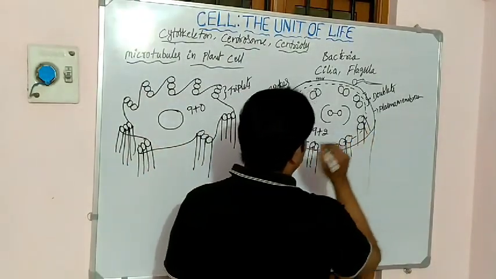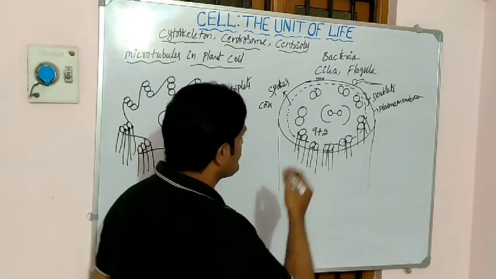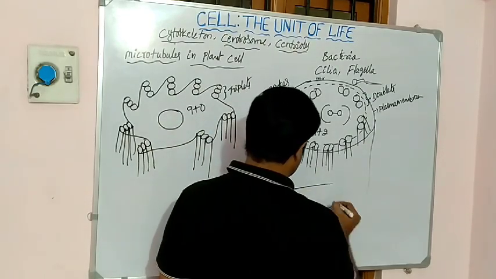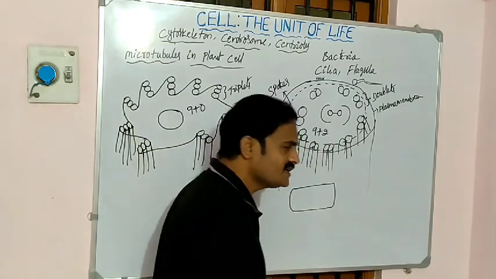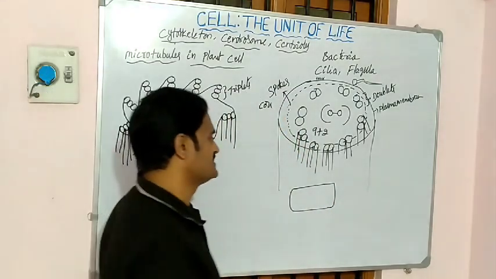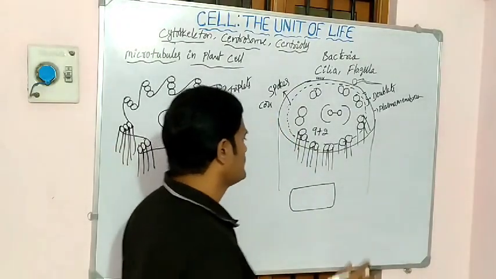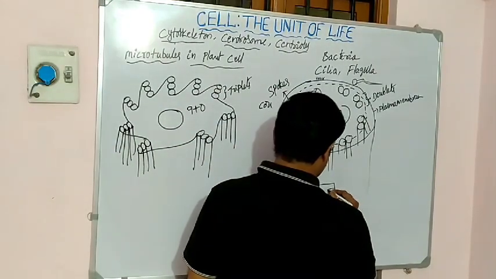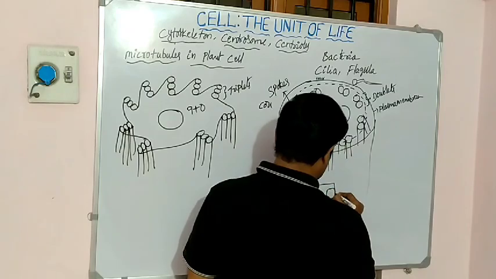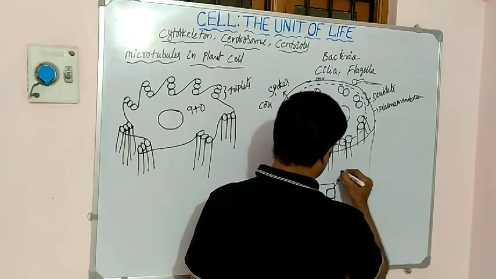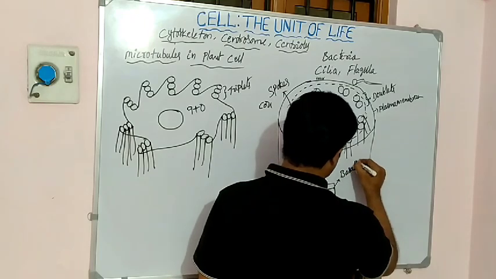Then when we observe the bacteria flagella, suppose this is one bacterium. Here in bacteria there is some difference. It is not fully 9+2. See here, when we observe the inside, one box-like arrangement is there. This is called the basal body.